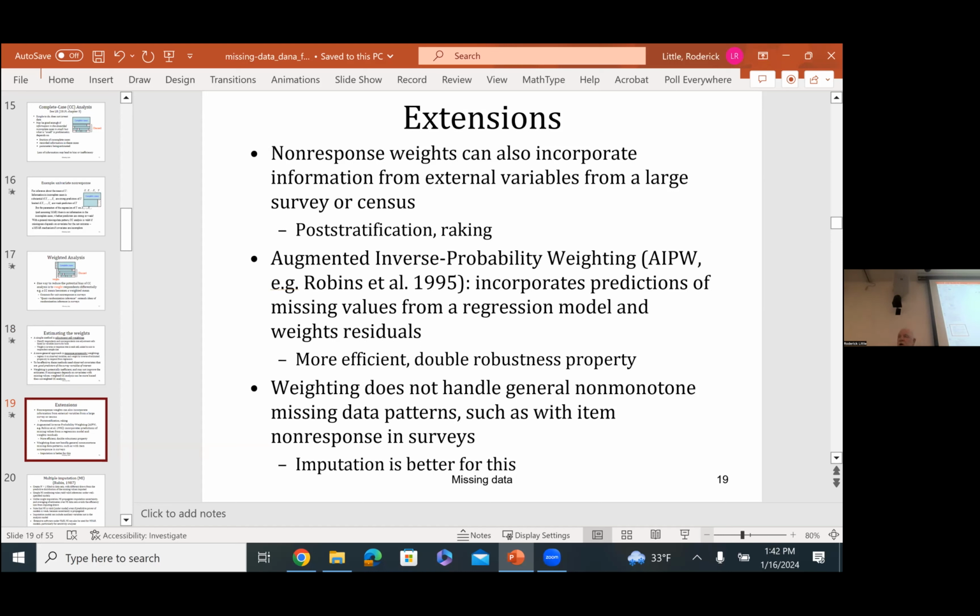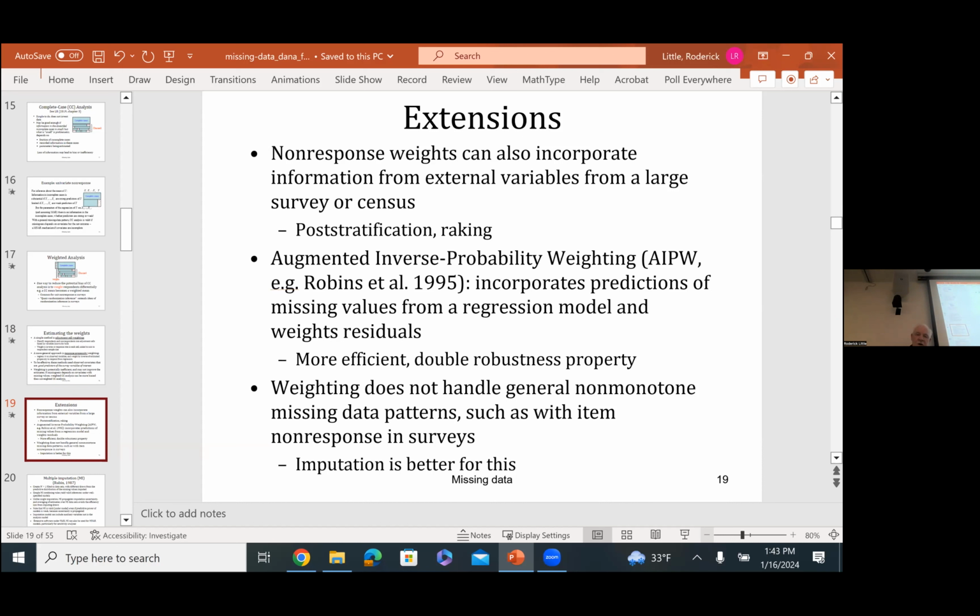You can combine weighting with a prediction method. So there's augmented inverse probability weighting by Jamie Robins and other folks at Harvard and other places, where you have a regression model. You get predictions of the missing values from the regression model, but then you weight the residuals from the model, and there are variants of that idea.